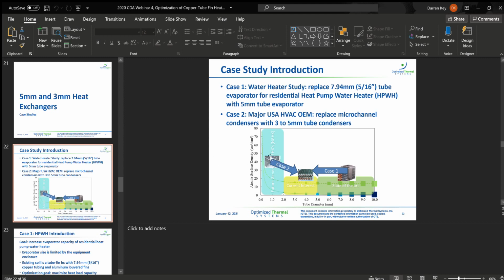So going from a microchannel heat exchanger to a larger diameter, but still in the small 3 to 5 millimeter range. The reason we're doing this one is to show that microchannel heat exchangers have a lot of promise, and as time goes on, that's probably going to be really great technology.